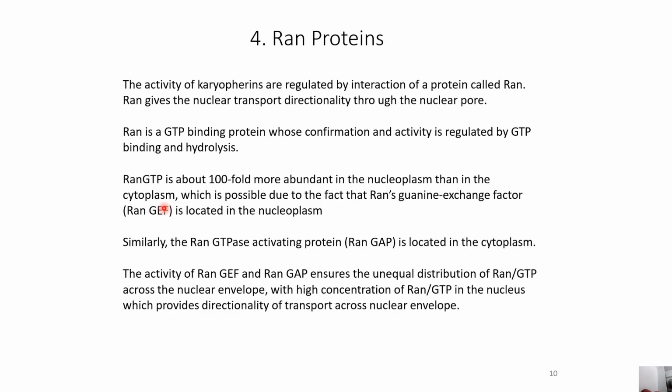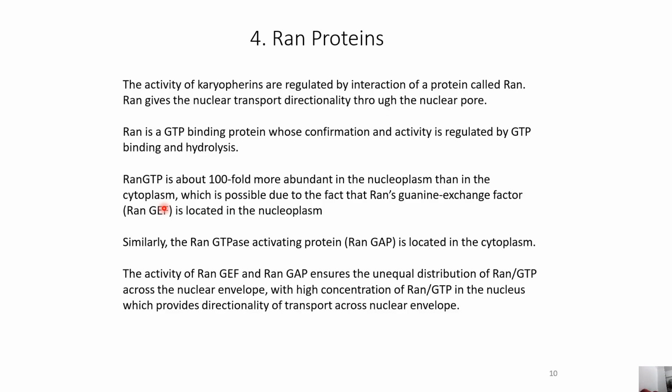RAN proteins. The activity of carrier-ferrets is regulated by interaction with a protein called RAN. RAN gives the nuclear transport bidirectionality through the nuclear pore. So RAN is a GTP binding protein whose conformation and activity is regulated by GTP binding and hydrolysis. RAN-GTP is about 100-fold more abundant in the nucleoplasm than in the cytoplasm, which is possible due to the fact that RAN's guanine exchange factor RAN-GEF is located in the nucleoplasm.